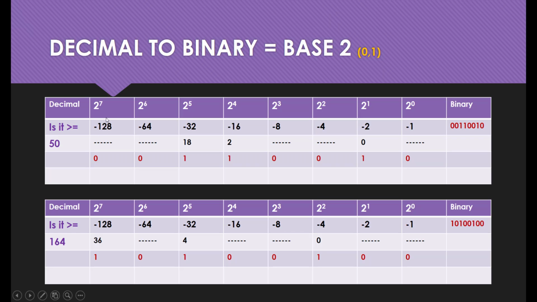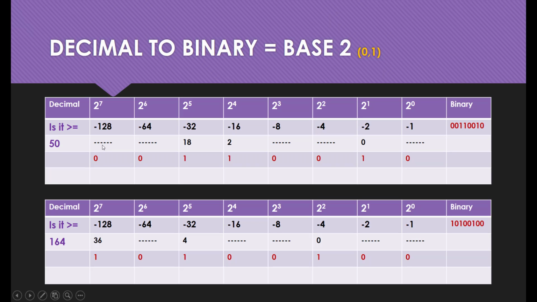Not minus 128, just 128. So is 50 greater? No. So that's why we have 0 here. This 0 means false or no. So 50 is not greater or equal to 128, that's why it leaves 0 as false at the bottom here.